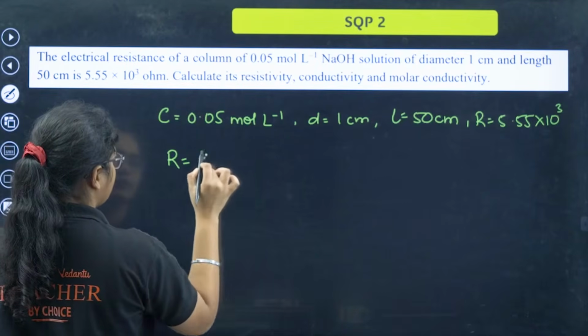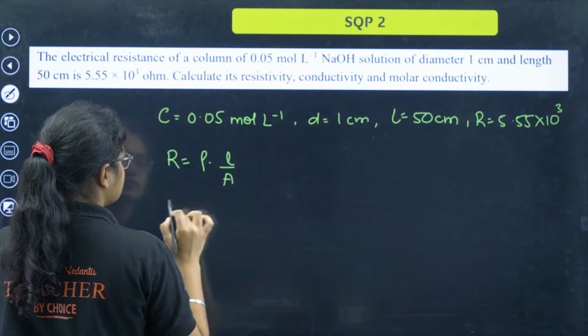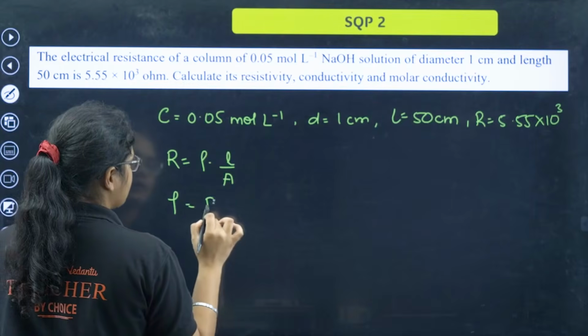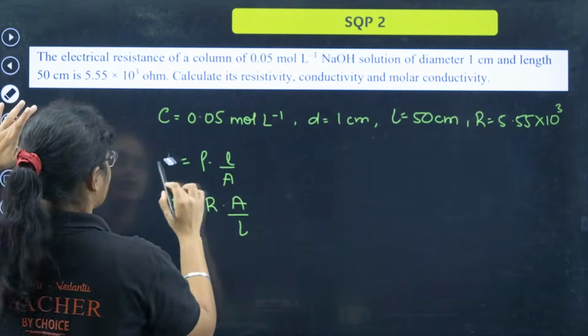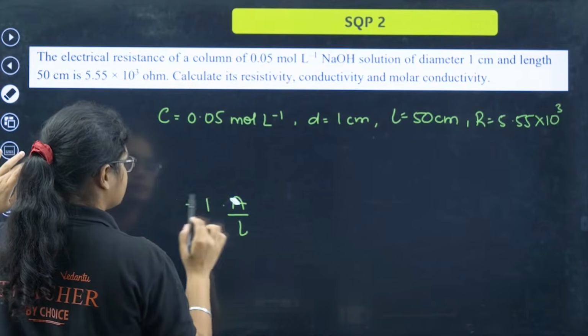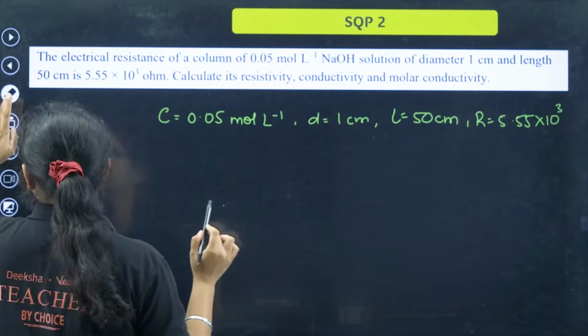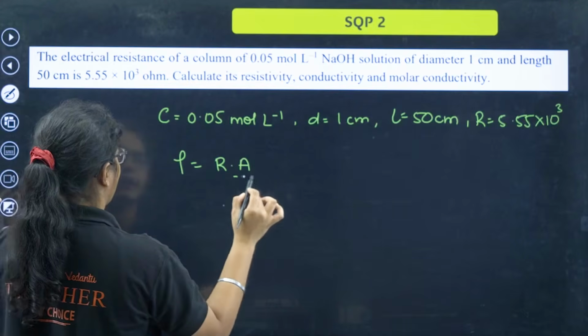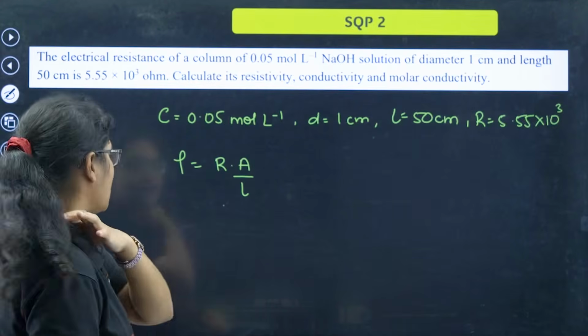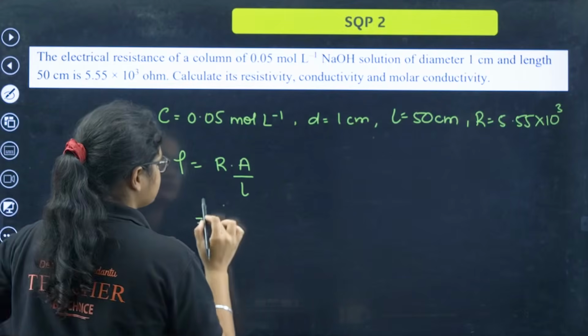We know R is equal to rho into L by A. So what is the resistivity here? R into A by L, right? I can write it like this: rho is equal to R into A by L. Now what happens if I solve this?